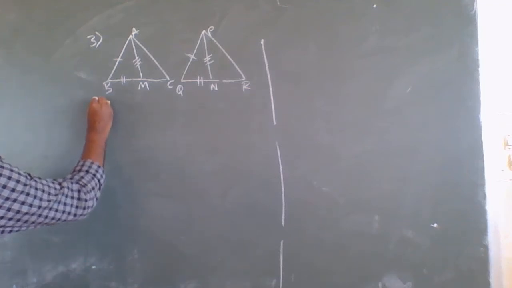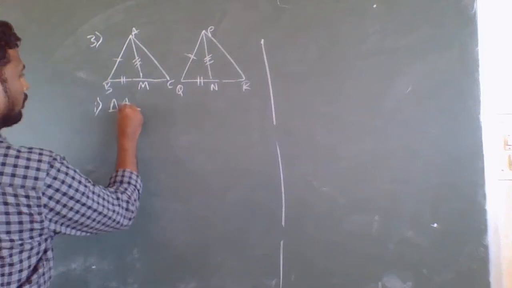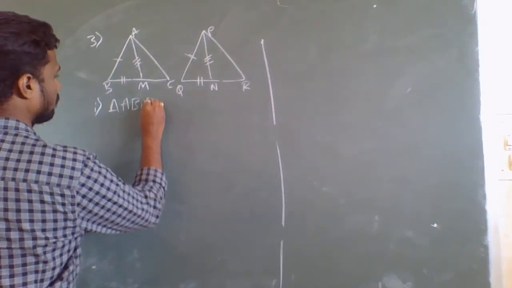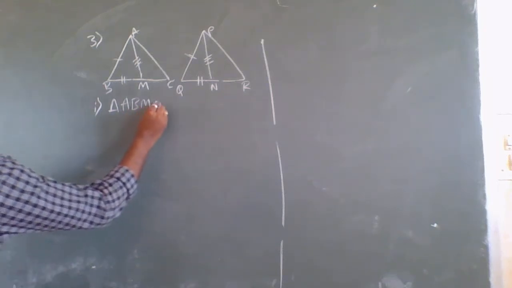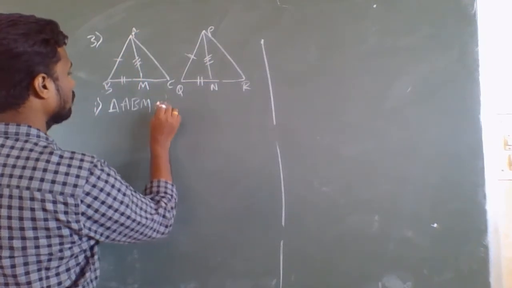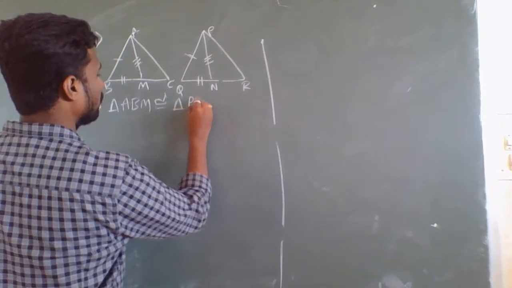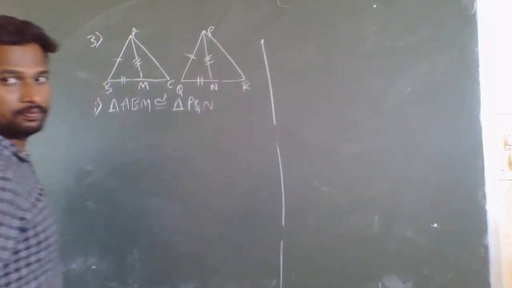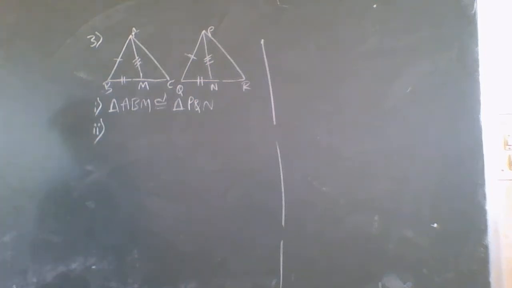We have to prove that triangle ABM is congruent to triangle PQN. And the second one, what we have to prove here?